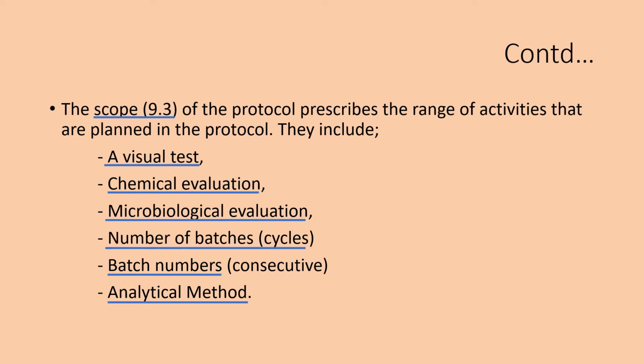Batch numbers after which the cleaning cycles are done should also be listed. The number of cycles and batch numbers should be 3 minimum for statistical evaluation. However, more data may be obtained from a greater number of cycles and batches. The results will be more accurate if a higher number is selected. The validated analytical method also should be mentioned.